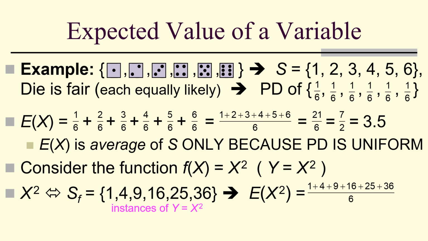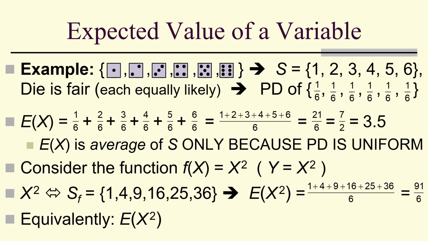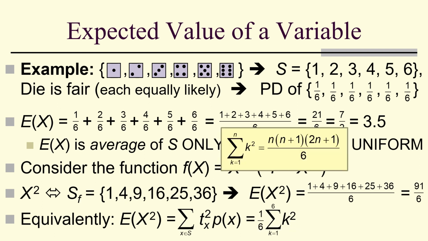Notice we're back to our fair die. That's 91 over 6. Equivalently, the expected value of x squared is the sum, x in S, of t sub x squared p of x, which is the sum k equals 1 to 6, k squared times a sixth. Move a sixth out here in front. There's a formula for the sum k equals 1 to n of k squared. Insert that formula. We get 91 over 6.